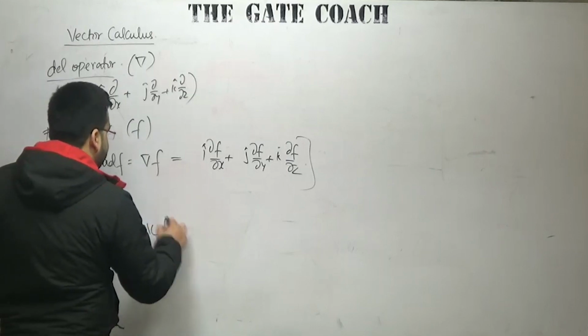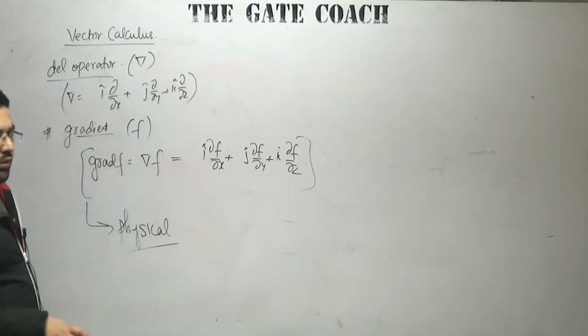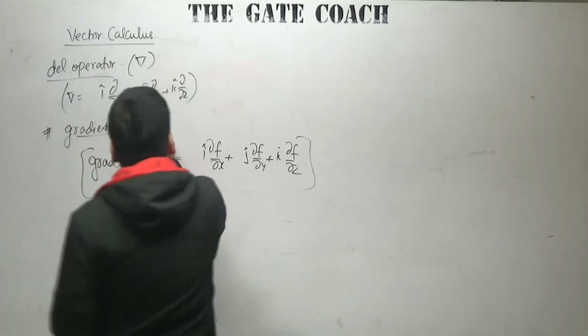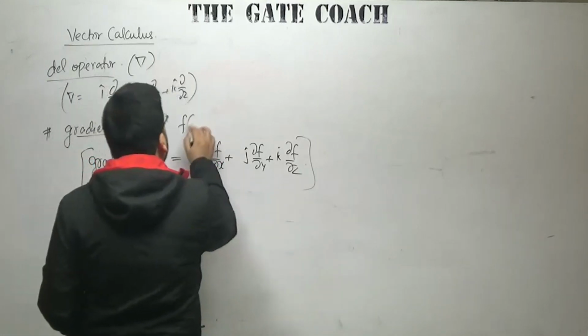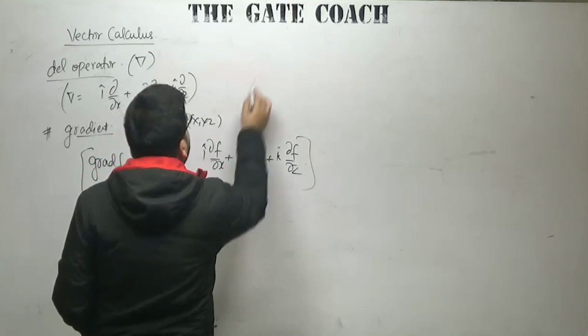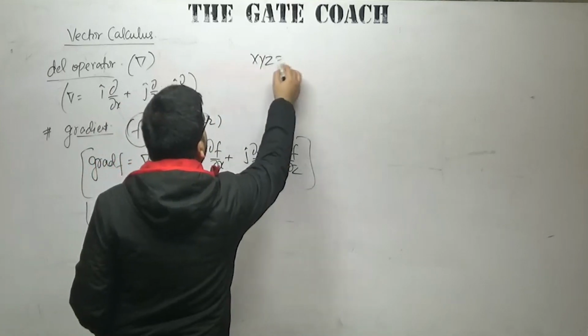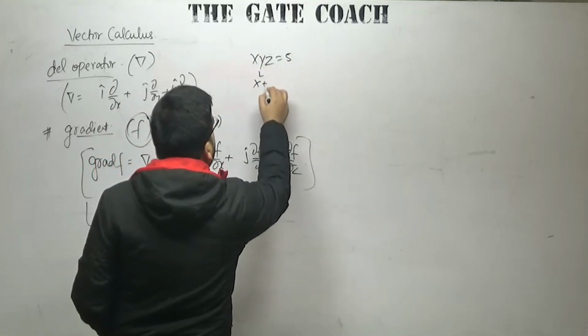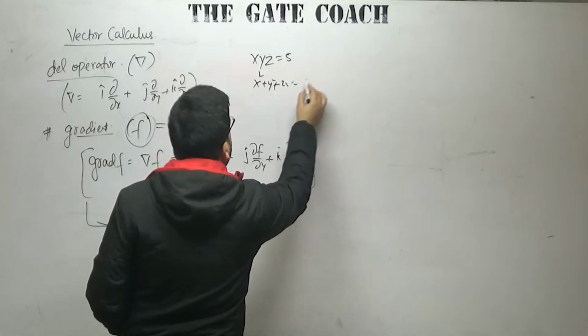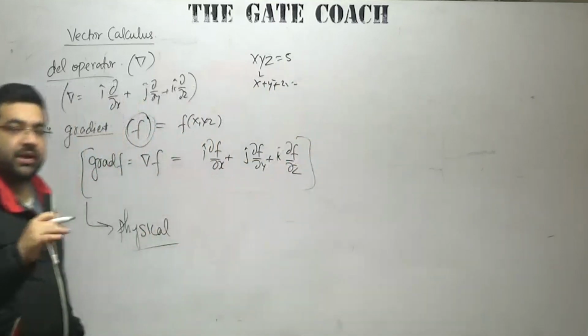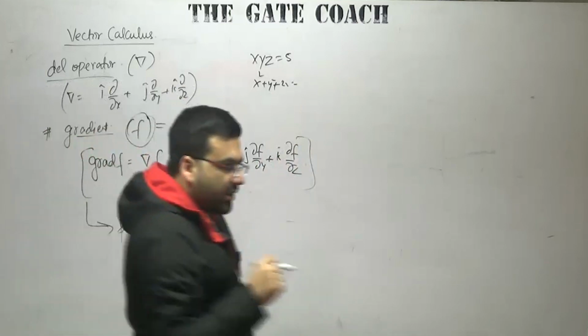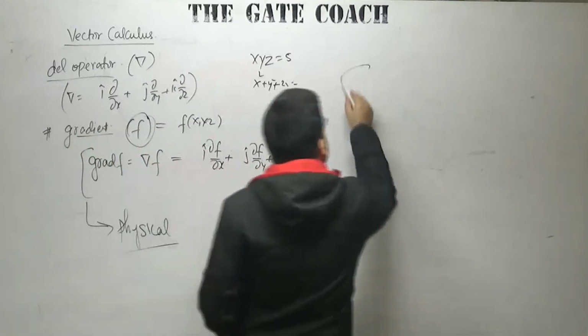Physical significance: it basically gives me a vector which is perpendicular to a plane, because this f will be a function of x, y, z. Let us say it is something like x y z equal to 5 or x square plus y square plus 2 times z equal to 11. It will be a plane.